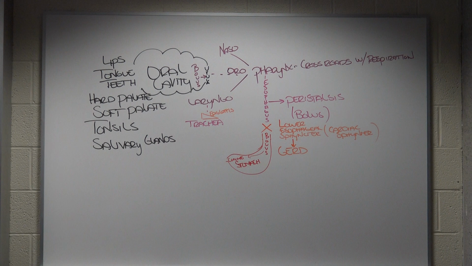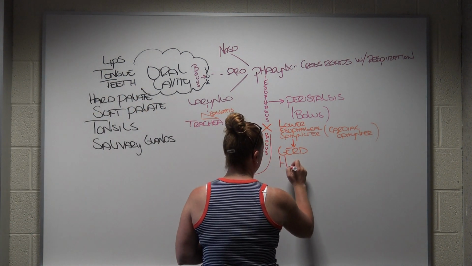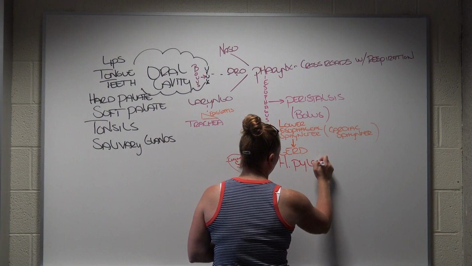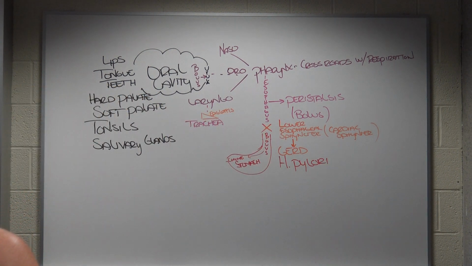The other condition that we'll find in the stomach is called H. pylori. Helicobacter pylori is a microorganism, a bacteria specifically, that will infiltrate the walls and the pits of the stomach, causing irritation to those cells, eventually causing what's called an ulceration.